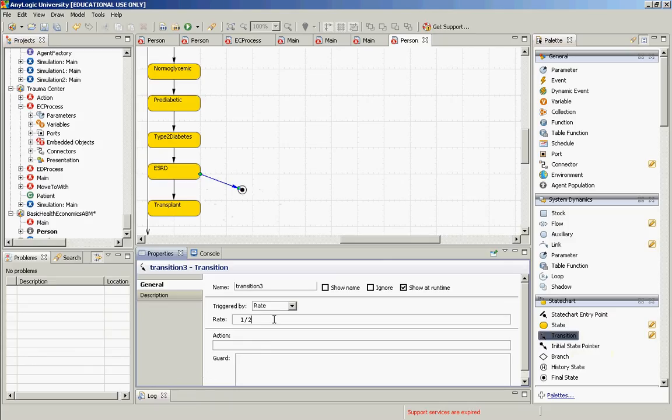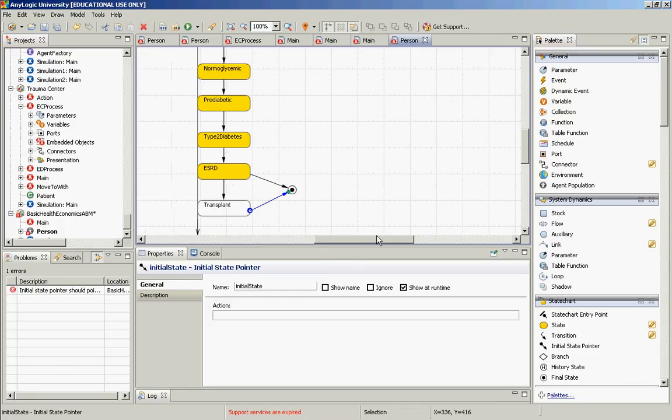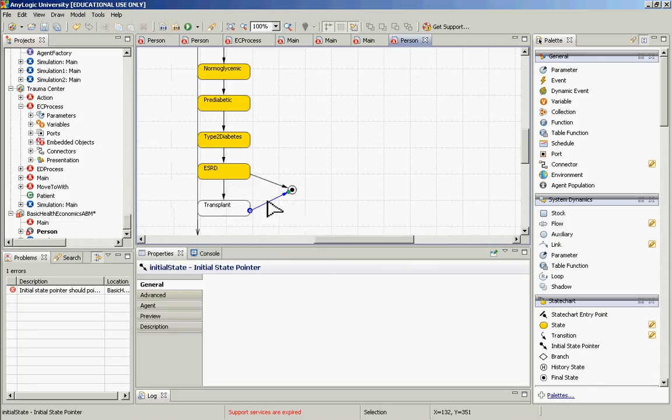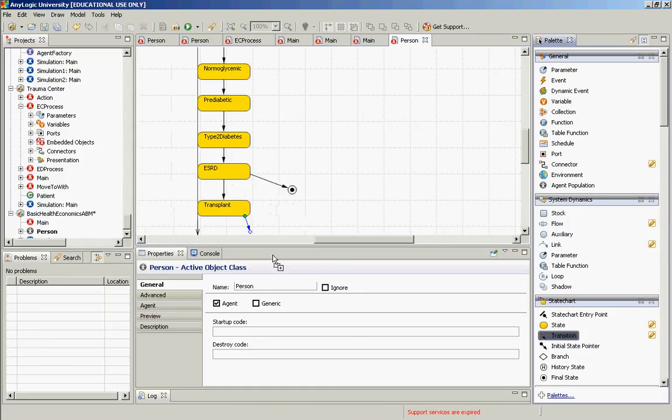So an average of 2.5 years before someone dies from end-stage renal disease absent transplant. But if they do reach a transplanted state, the situation is much more salutary. So, excuse me, I just added an initial state pointer. There was a mistake on my part. It was causing that odd coloring.